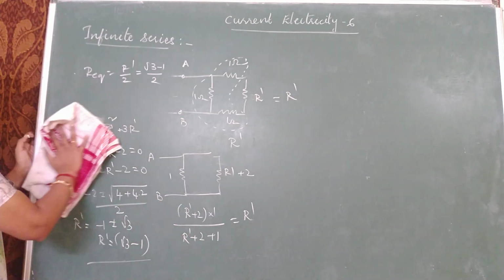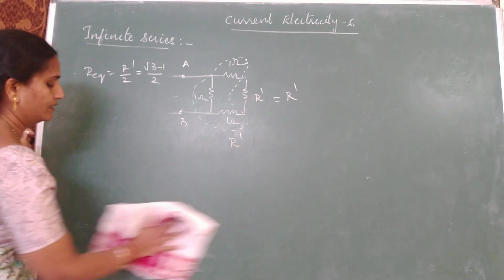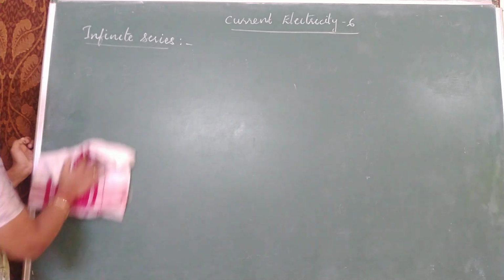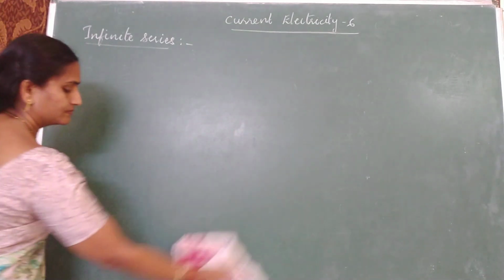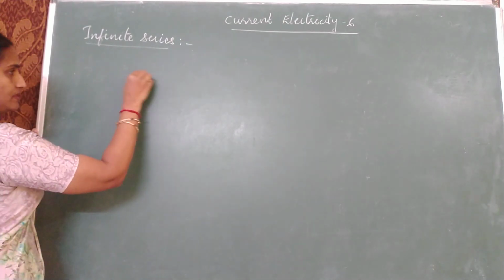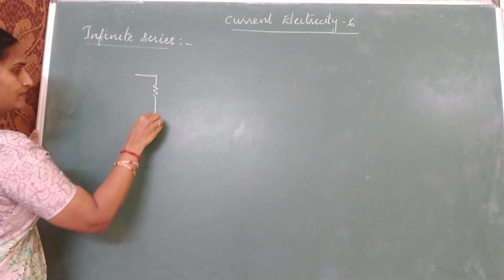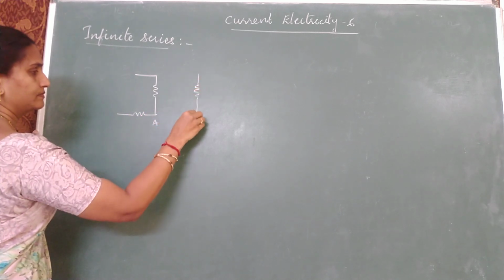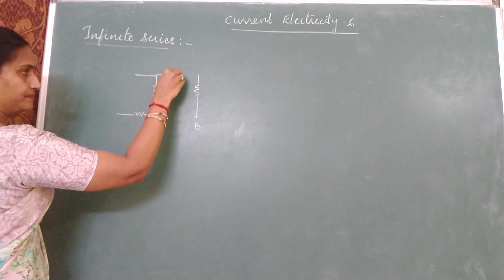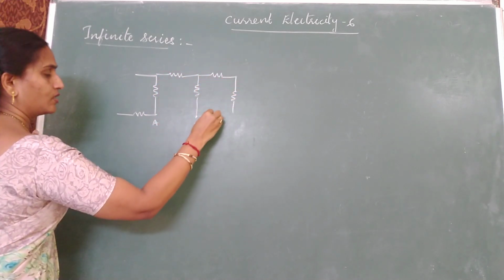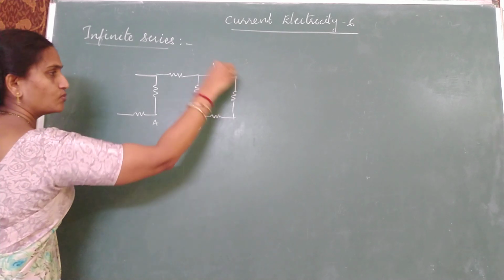Now look at the third case. This is A and B. All resistors are taken as 1, 1 and 1.